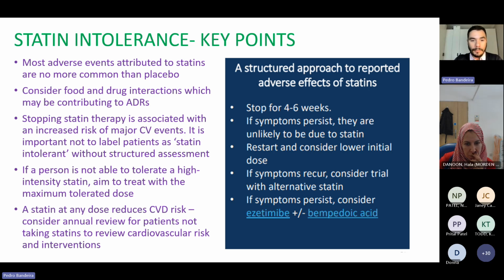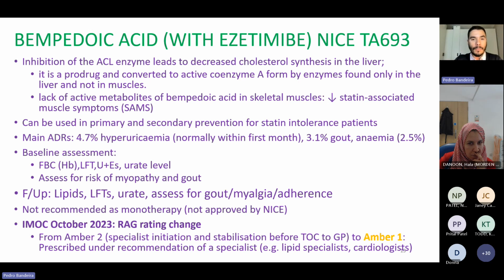And this is the summary I've had for this drug. Bempedoic acid acts on cholesterol synthesis as well, by a different enzyme, the ACL enzyme, which leads to decreased cholesterol synthesis, and is a prodrug and should be converted by coenzyme A in the liver to be active.